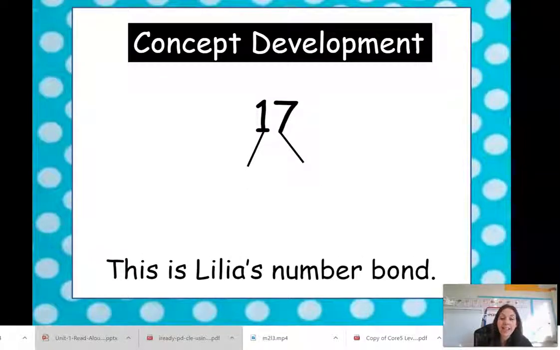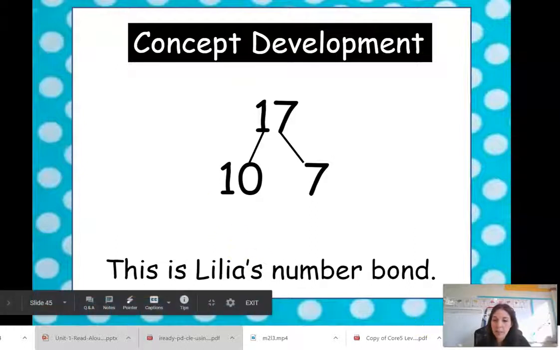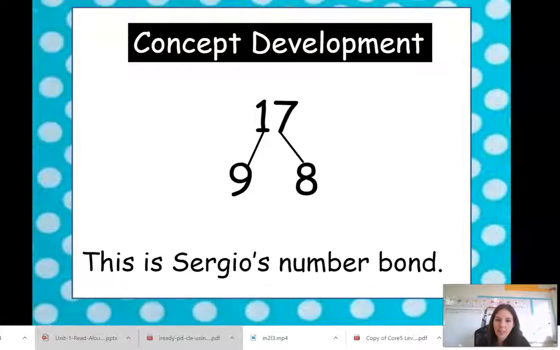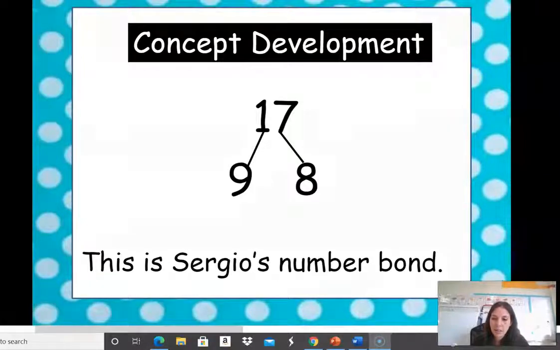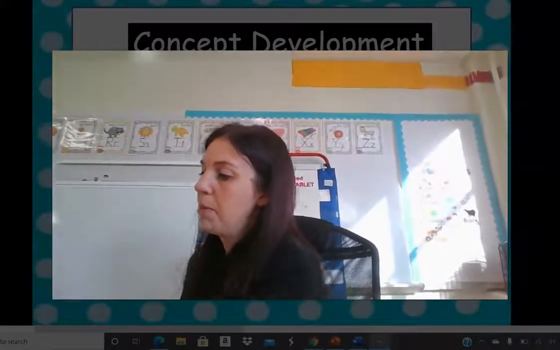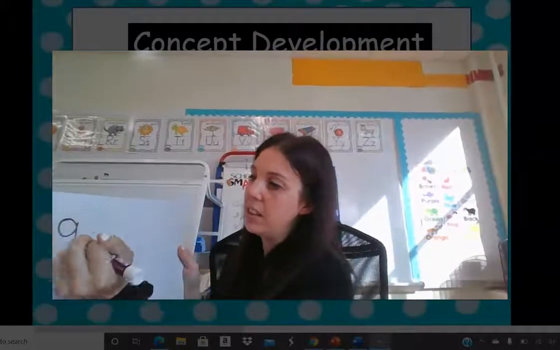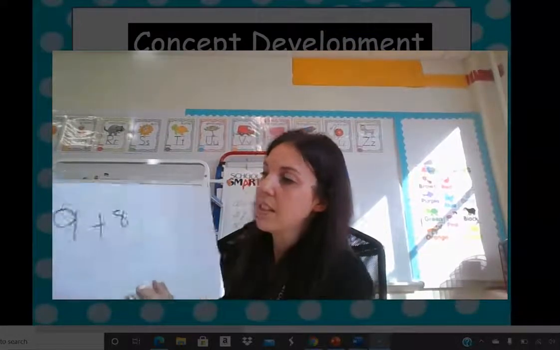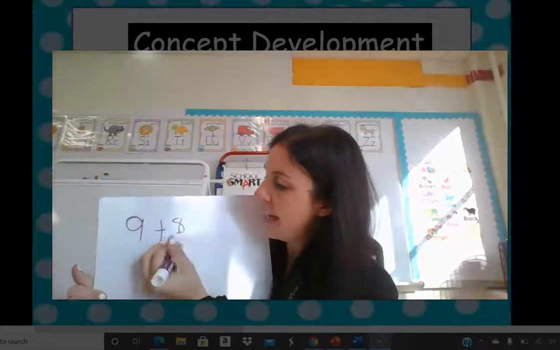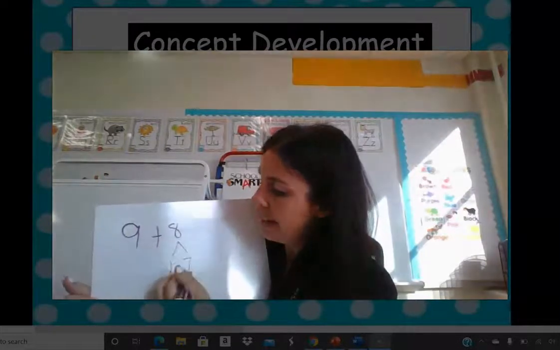And this is Lila's number bond, where she said, okay, well, we can have 10 and 7. Because remember, we did this in our last lesson, 9 plus 8, we can break this 8 down into a 1 and a 7.